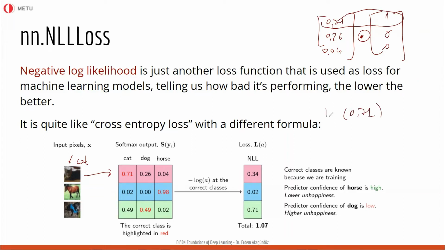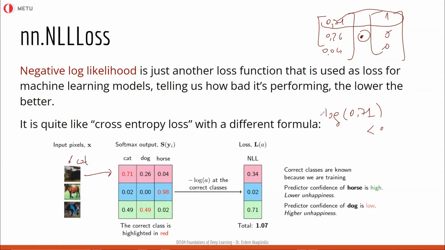You take the log of this value. Since this is a probability, the value is always lower than 1 in every practical case, so the logarithm will be negative. And I don't want the loss to be negative.